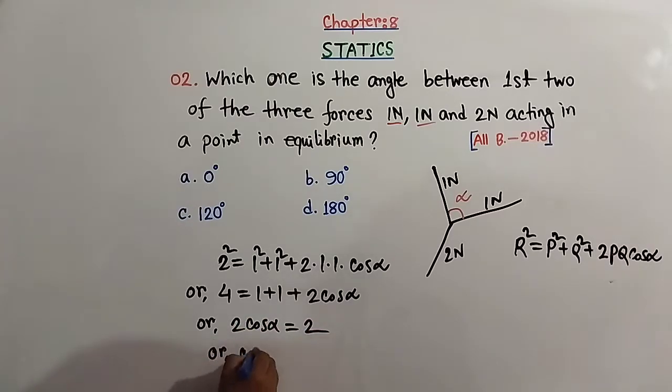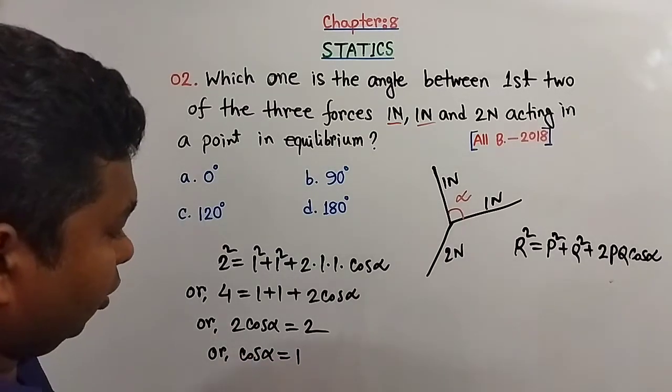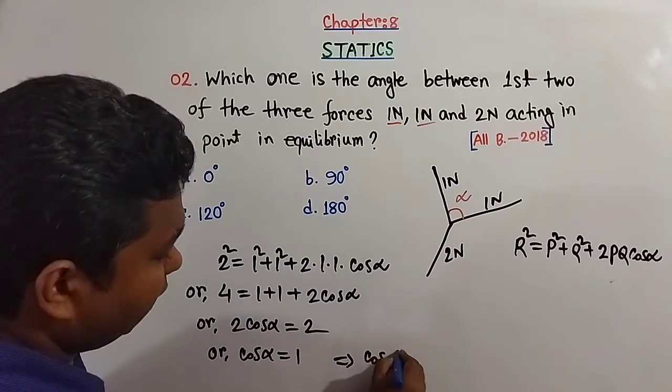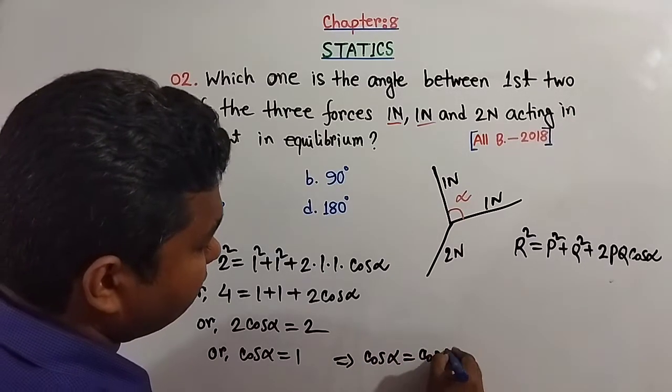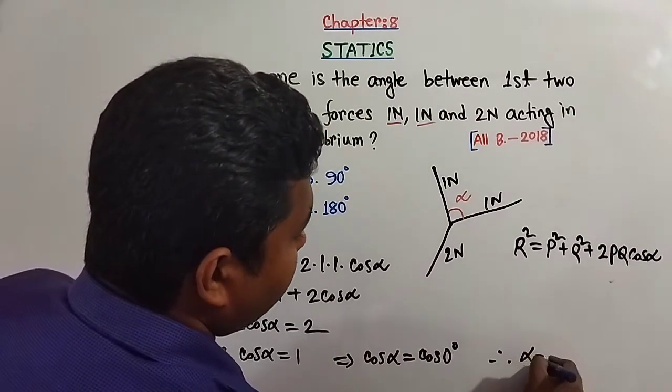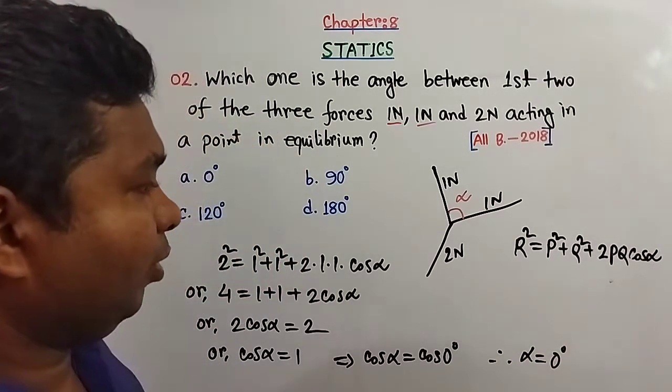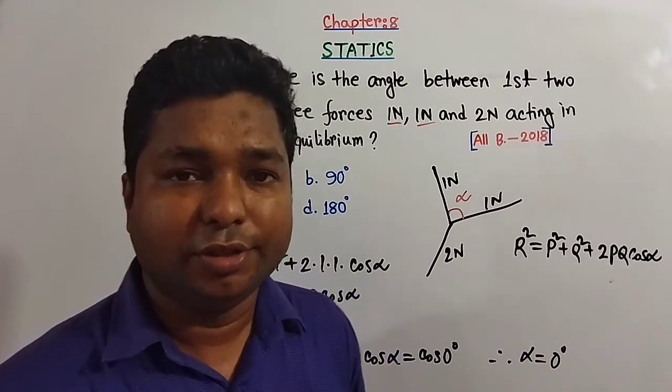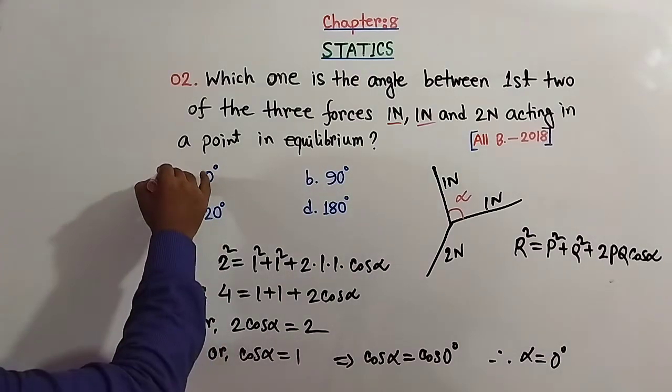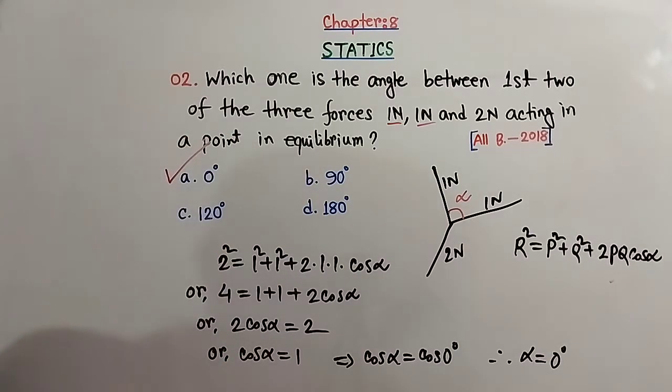Therefore, cos alpha equal to 1, and we know cos 0 degree equal to 1. So, cos alpha equal to cos 0 degree. Therefore, alpha equal to 0 degree. So, the required angle is 0 degree, and our answer is option A, that is 0 degree.